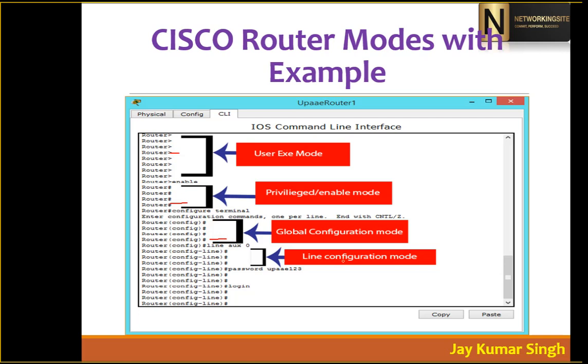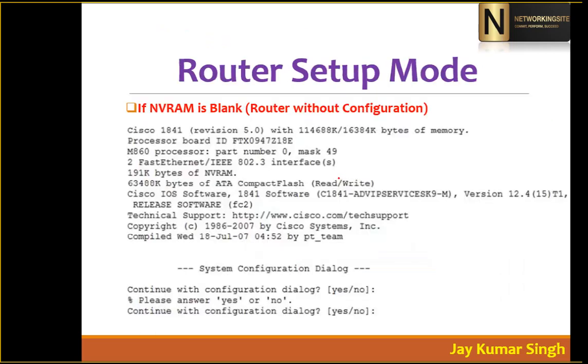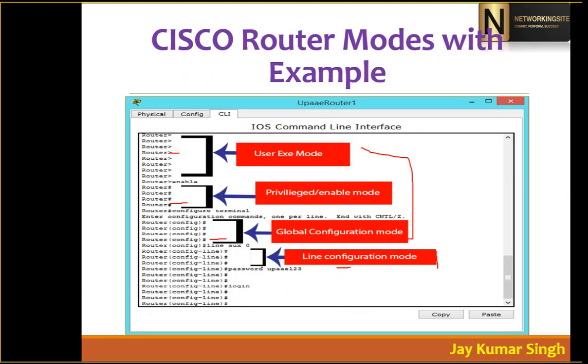And this is a line configuration mode, we will check this one while configuring, but these three are the main ones. What is all about the line configuration mode? When we work on line, don't worry, slowly.